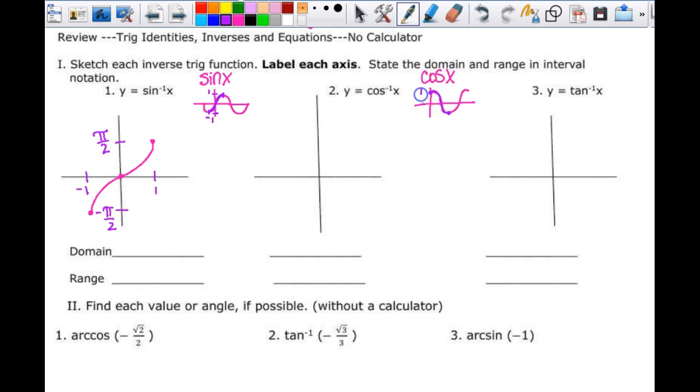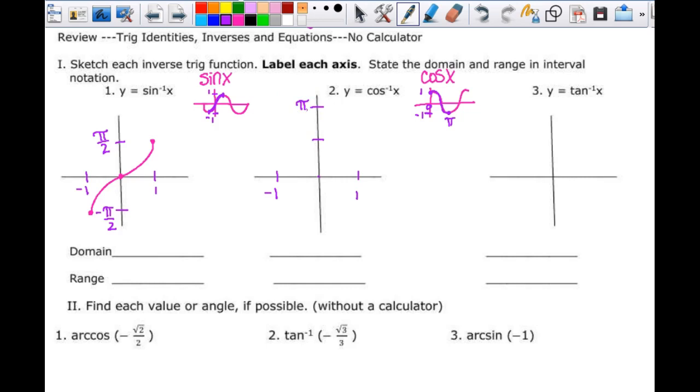So again, this is your 1 and your -1, and that becomes what's on the x-axis here, -1 and 1. And this is 0 and pi, not going from negative pi halves to pi halves. It's 0 and pi. So here's 0, this would be like your pi halves, here is your pi.